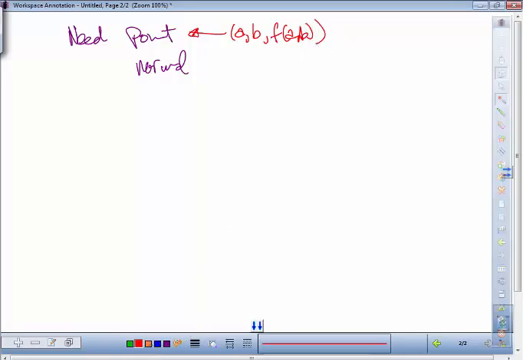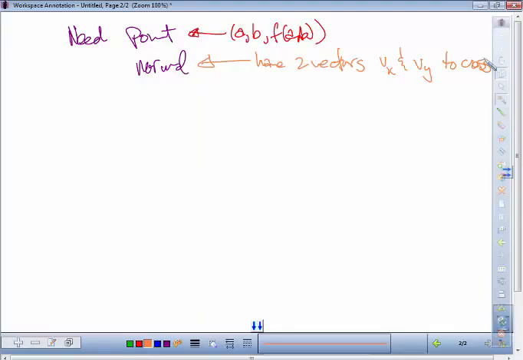And the normal, we can get our normal, we have two vectors, vx and vy. So all we need to do is cross those two vectors and we come up with our normal vector. And then from there, we use the formula to find an equation of the tangent plane.